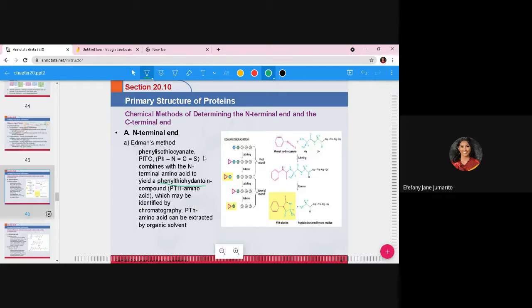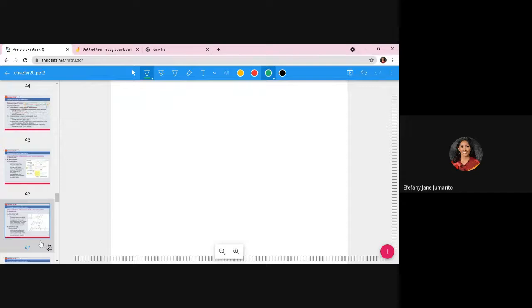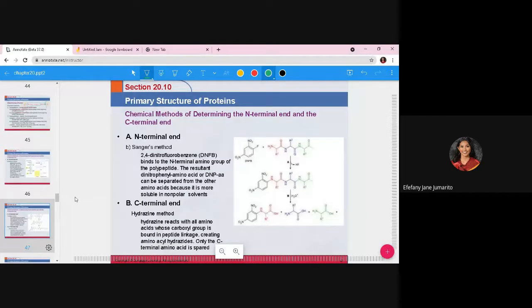Or also for the N-terminal end, we have 2,4-dinitrofluorobenzene or the Sanger's method. And then for the C-terminal end, we have the hydrazine method. It reacts with all amino acids whose carboxyl group is bound in peptide linkage, creating amino acyl hydrazides.